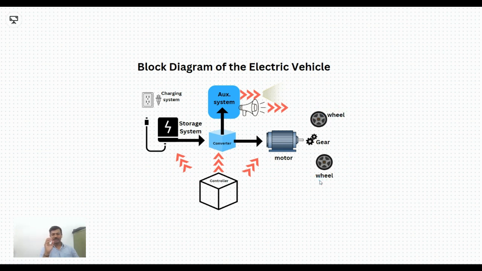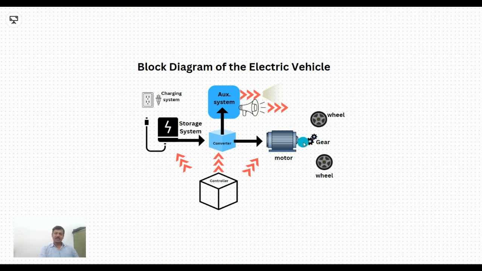The range is being selected as per the driving cycle, which includes the time and the speed which you want to achieve, that is maximum speed and the braking time. So based on that, the wheel and the connection, that is mechanical power transmission system using gear, is done.